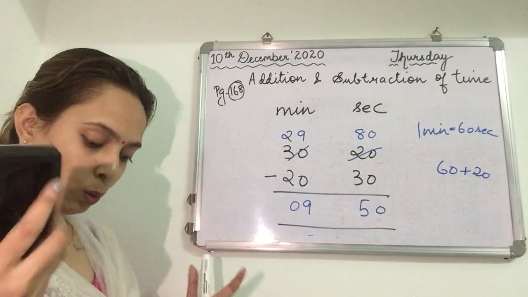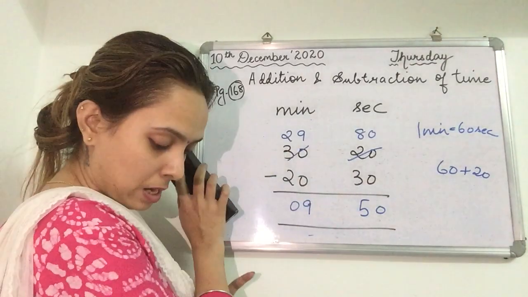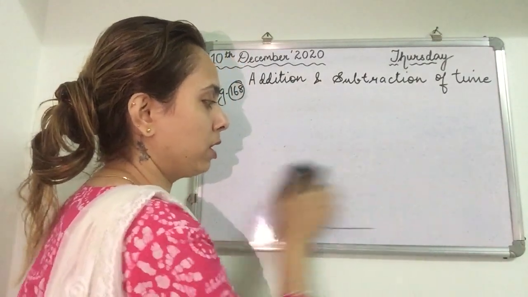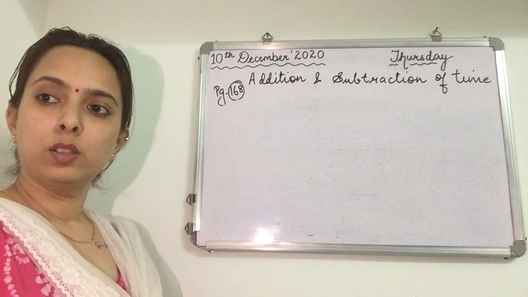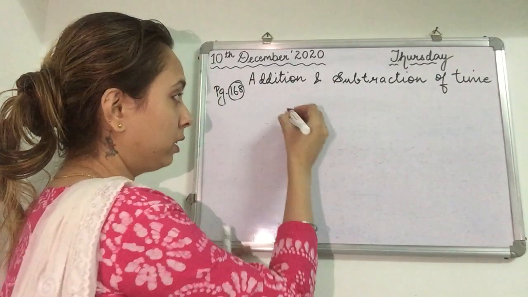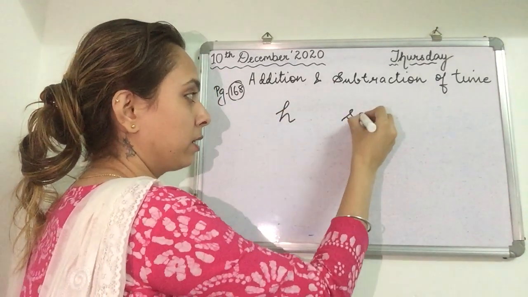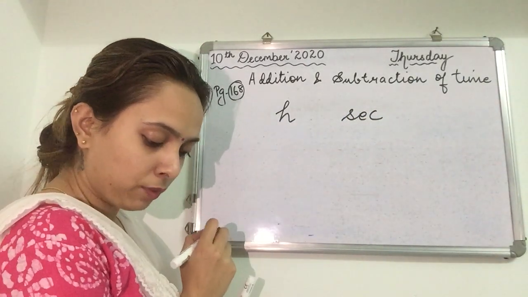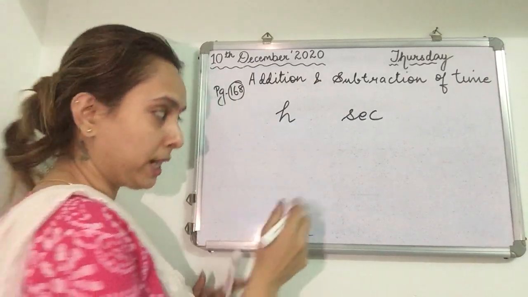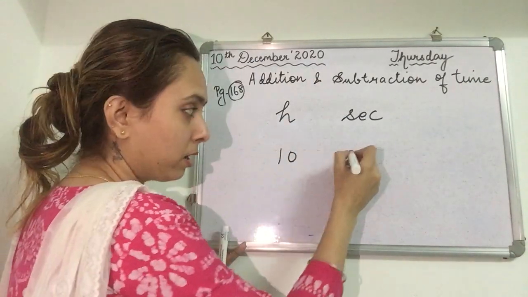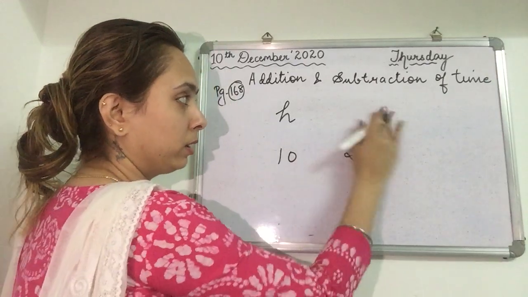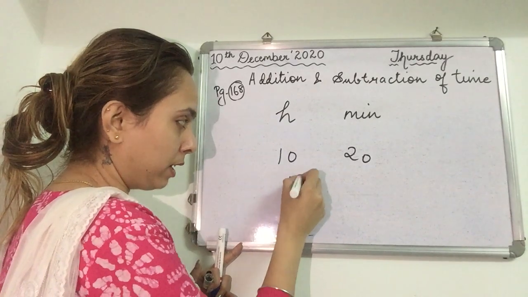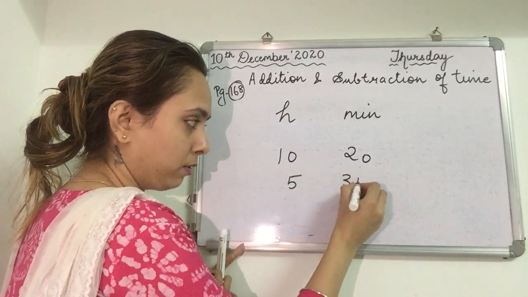So I would like to explain the second sum also, and that is again about hours and minutes. That is also very simple. Here we have to subtract 5 hours 35 minutes from 10 hours 20 minutes.